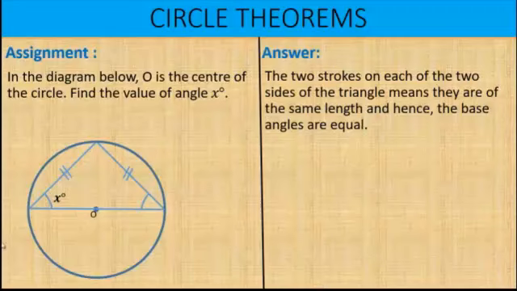When we look at the strokes on the two sides, it shows that the base angles are equal because they depict that those lengths are equal. So when you compare your answer to mine and you get S degrees is equal to 45 degrees, it means you are correct.